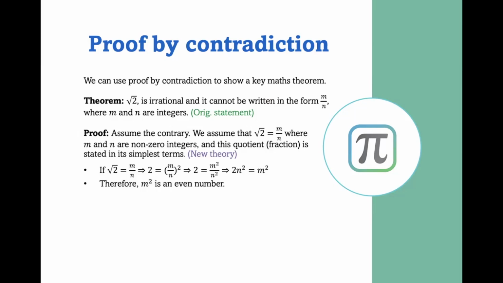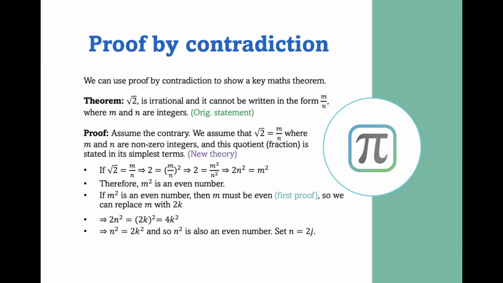Therefore, m squared is an even number because it is a multiple of 2. If m squared is an even number, then m must be even, and that we have just shown or proved in the first proof. So we can replace m with 2k.